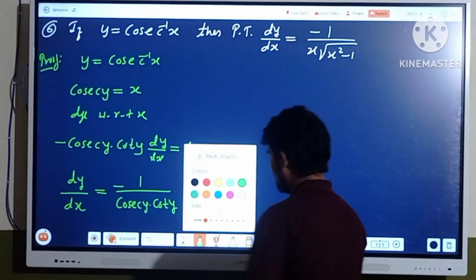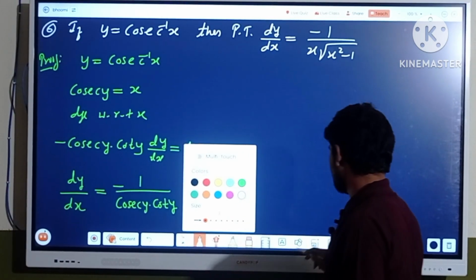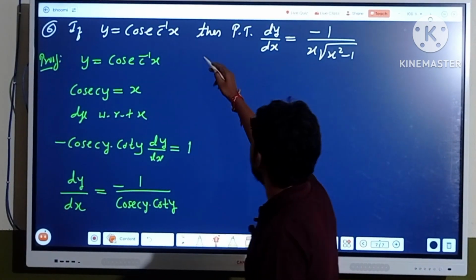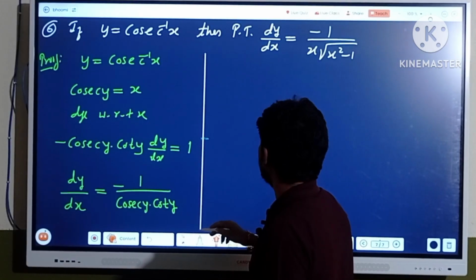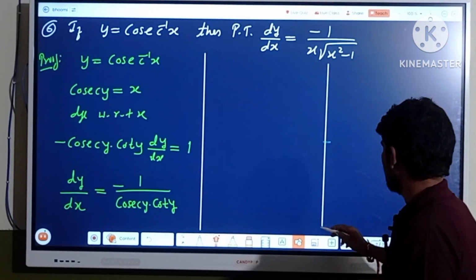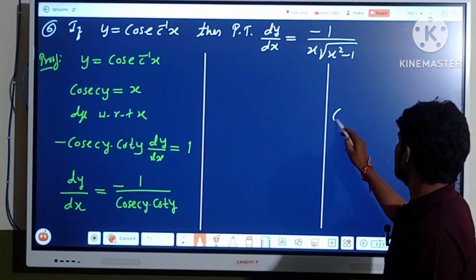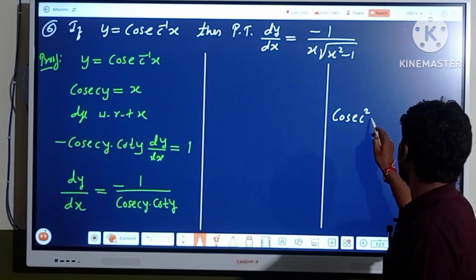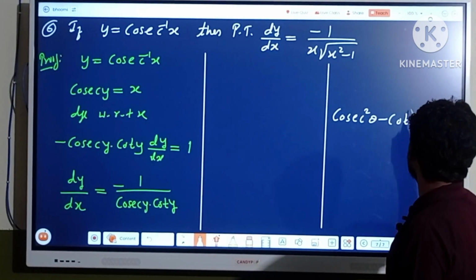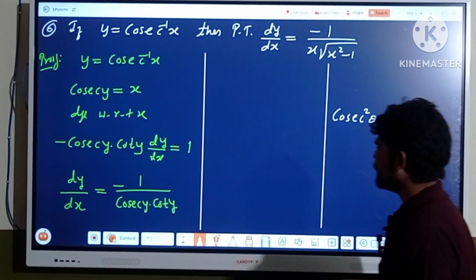Now again, by using the basic identity of the trigonometric functions, we know that cosecant square theta minus cot square theta equals 1.